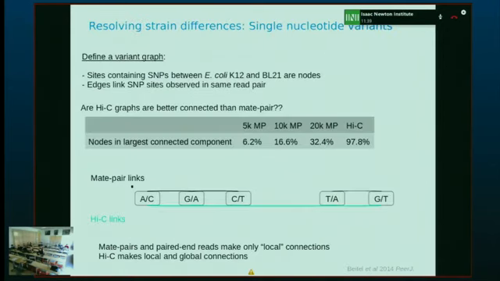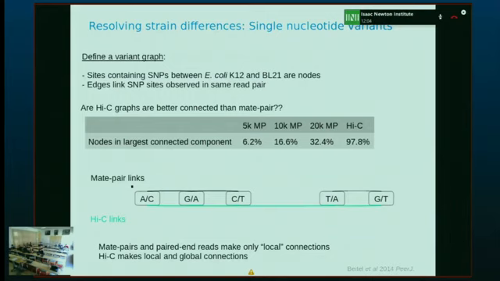So this is exciting, and being obsessed with strains and population genetics as I am, I started wondering if we could resolve strain differences. And to do this, I looked at a single nucleotide variant graph. So basically, you build a graph which contains as nodes all of the single nucleotide differences among the 2 E. coli strains.